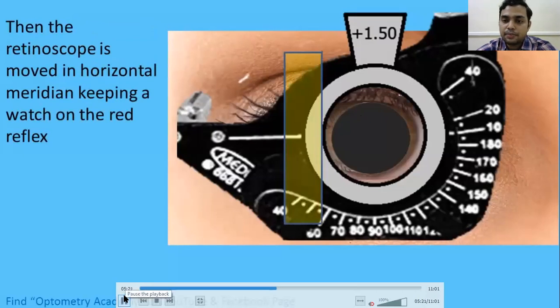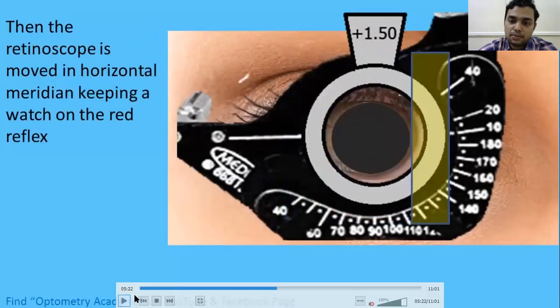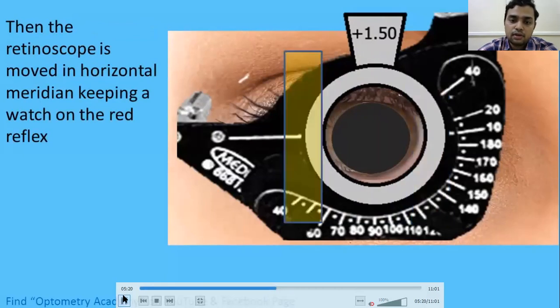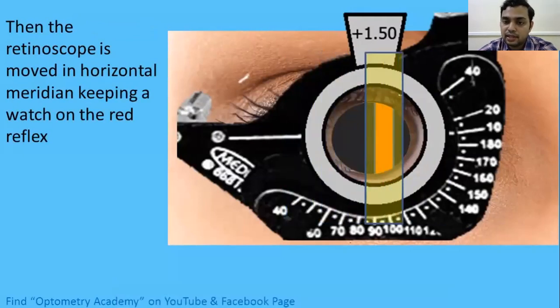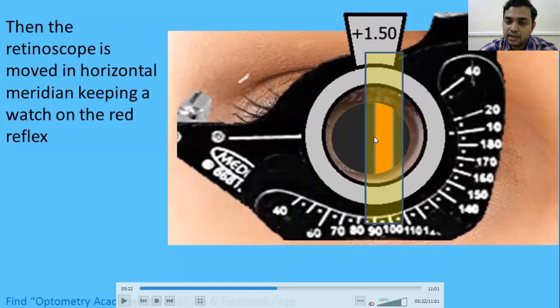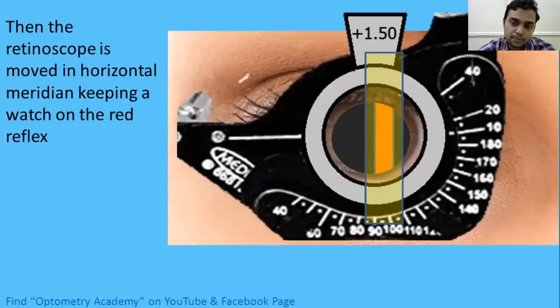So this is the horizontal meridian, streak retinoscope. If you observe, there is a movement of the red reflex in the pupillary area which is with the movement of the retinoscope. So here the refractive error is either less than minus 1 diopter of myopia or hypermetropia.